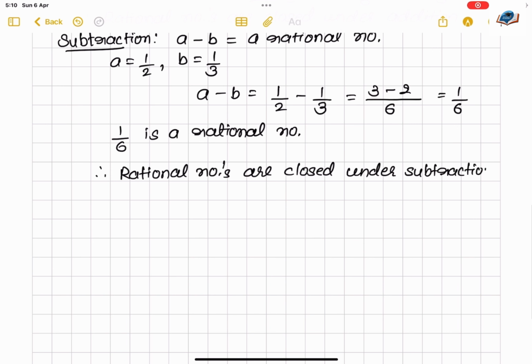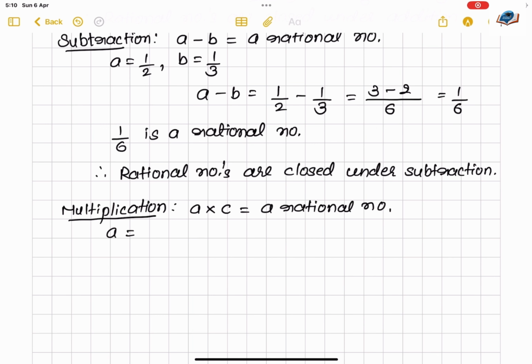Then next is multiplication. Here it says A into B should be a rational number. Again I am taking A as 1 by 2, B as 1 by 3.